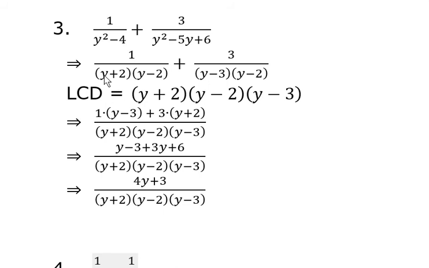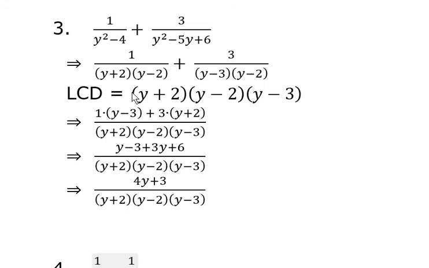We have factors y plus 2 and y minus 2. The factors of the denominator of the second term, we have y minus 3 and y minus 2. So you can pause this video to verify the factors by simply multiplying, and you will end up with the original y squared minus 5y plus 6. The same is true with this.